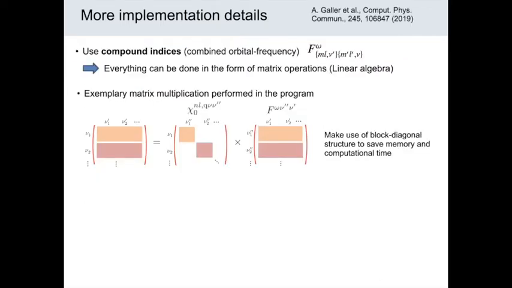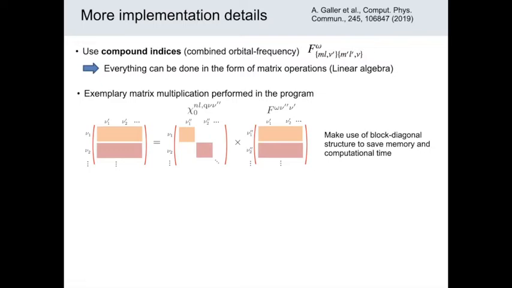Then on the next slide, I wanted to mention a few details about this Ab initio DΓA program, which uses this local vertex function extracted from the QMC solver as an input. This is the building block that I showed you before in the diagrams. And here the most important thing to note is that I use compound indices, that means combined orbital frequency indices.